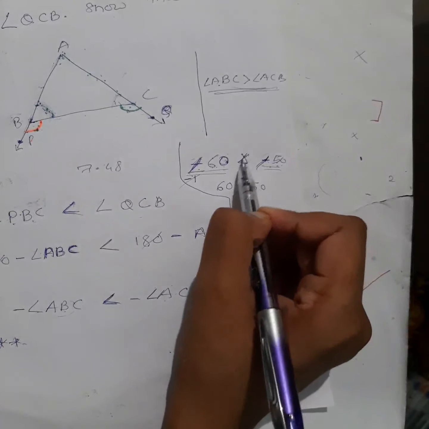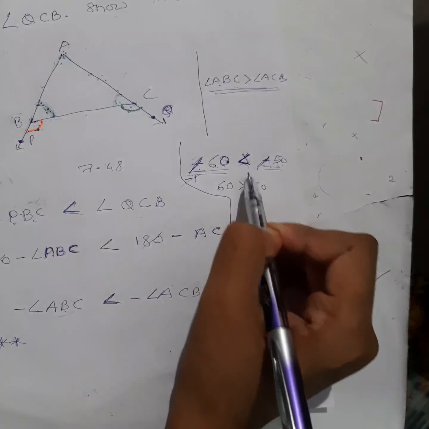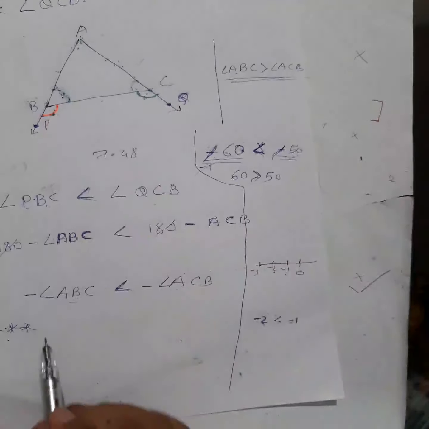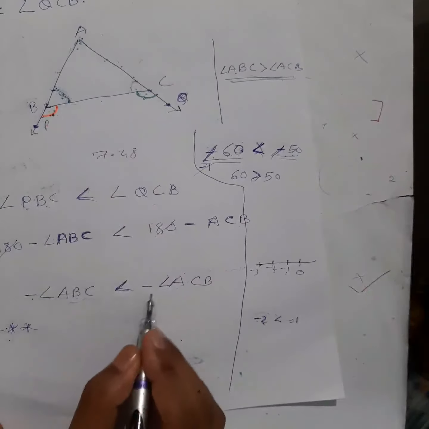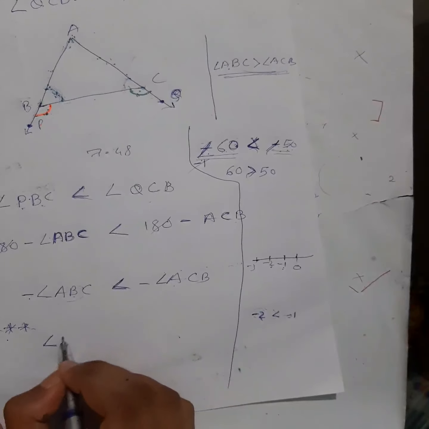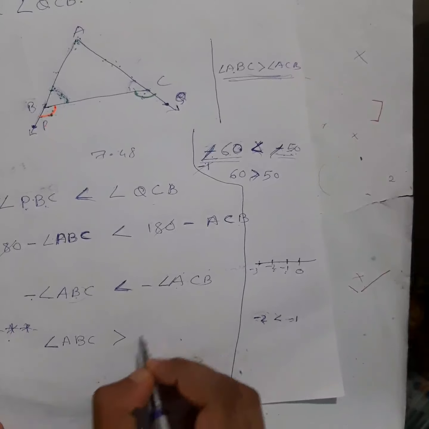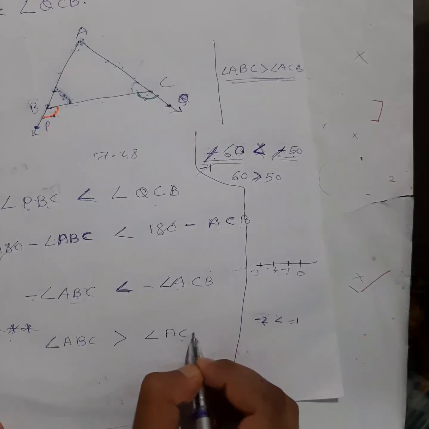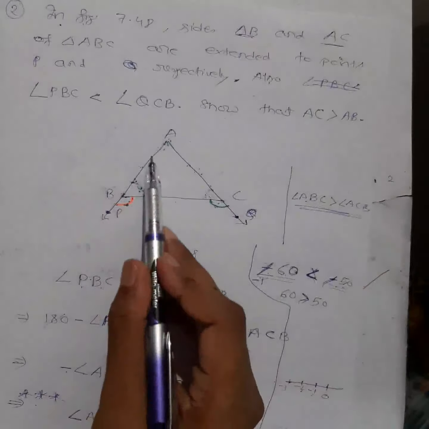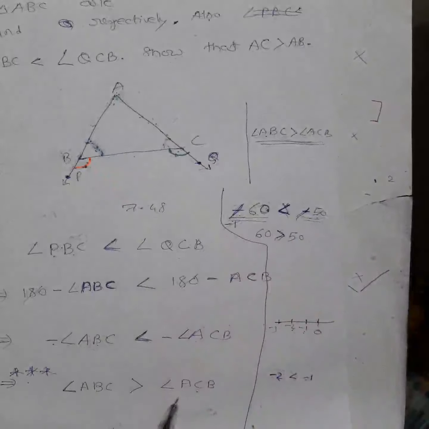This is called an inequality, okay? Great. This less than will become greater than. So in this case also, if I remove this negative sign, what can I write? Angle ABC will become greater than angle ACB. So can you see, angle ABC is greater than angle ACB.